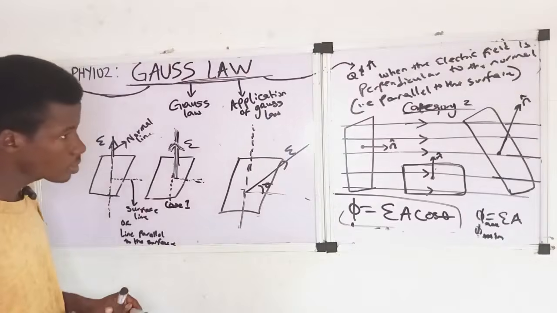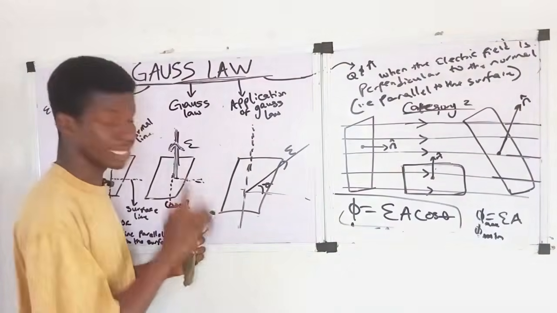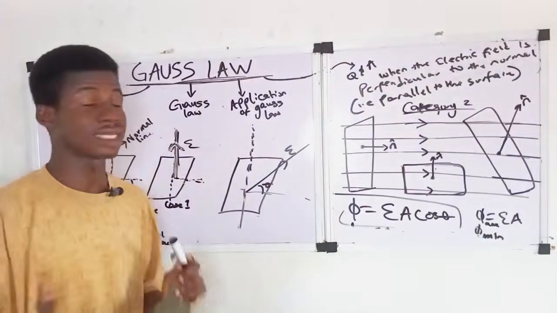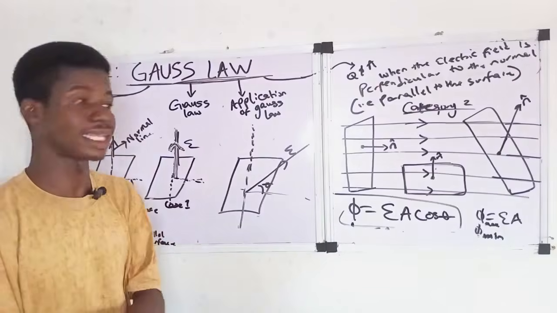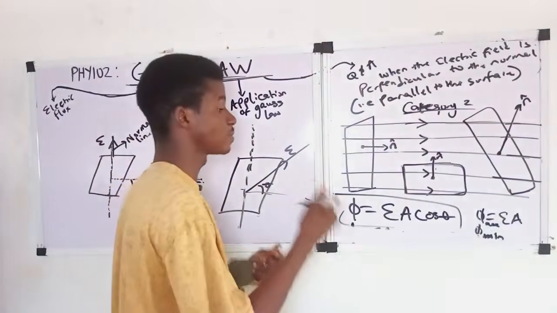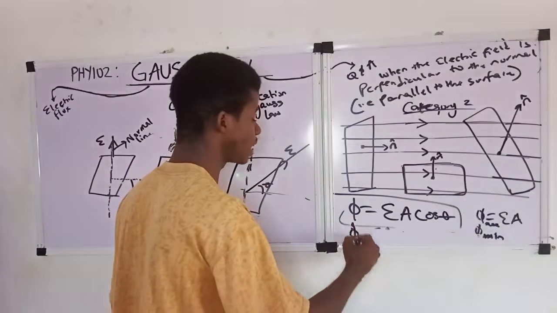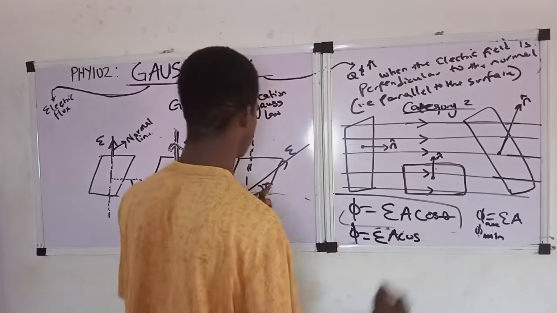When the electric field is at a particular angle, that is, the electric field is not parallel, it's not 90, it's just inclined at an angle, the electric flux will be equal to the electric field times the area, then cos the angle.